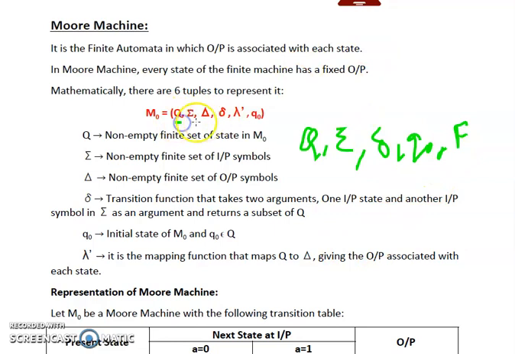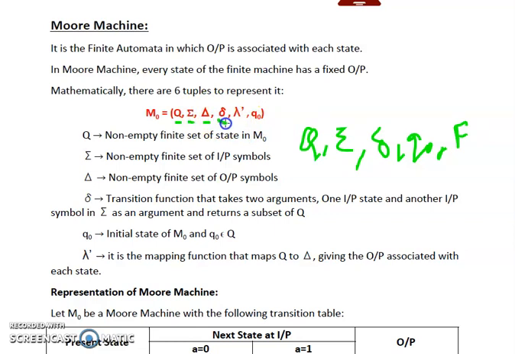For example, capital Q, summation are common in Moore machine and in case of our DFA. But delta is not present in DFA. The reason is that in DFA there is no output associated with the states. But in case of Moore machine, there is an output associated with the states. That's why delta is present in Moore machine but not present in case of DFA.